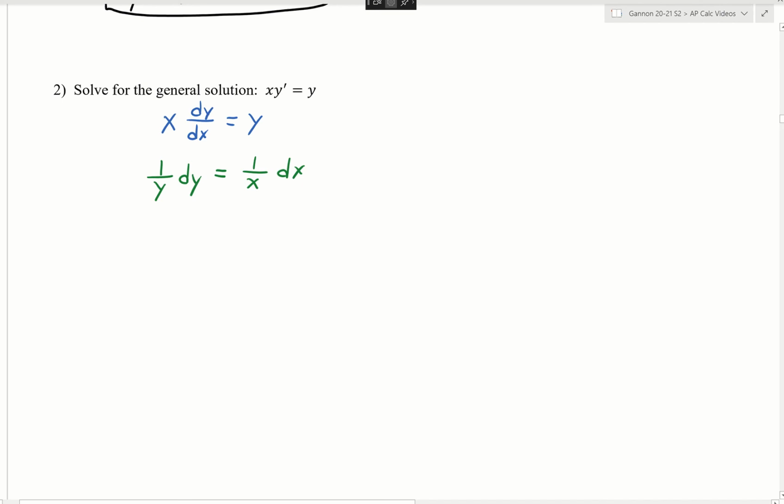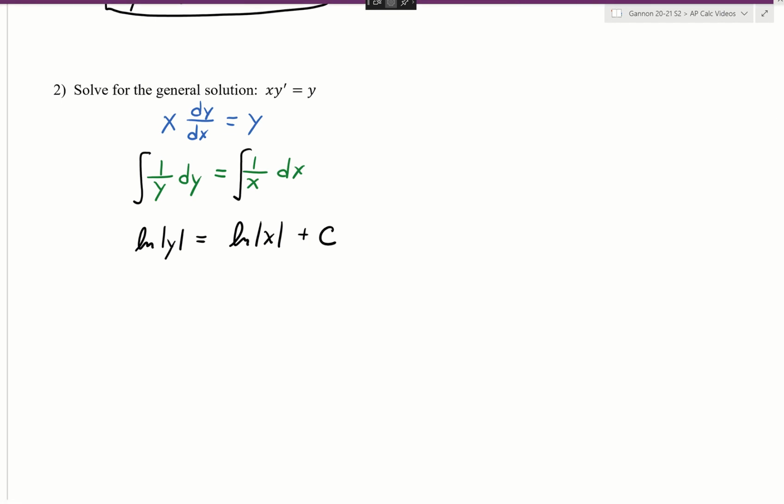So we end up with 1 over y dy equal to 1 over x dx. At that point, we can integrate both sides. So the integral of 1 over y is going to be the natural log of the absolute value of y. And then the integral of 1 over x is going to be the natural log of the absolute value of x plus c. So there's where we want the c.